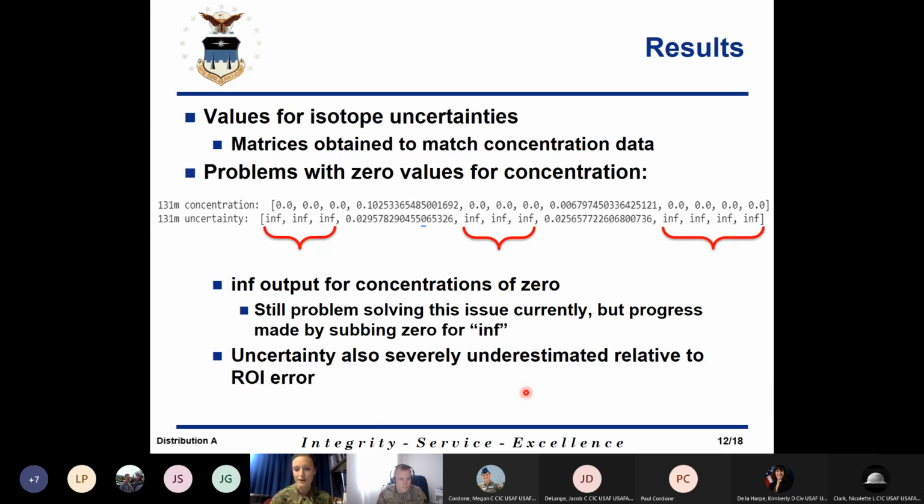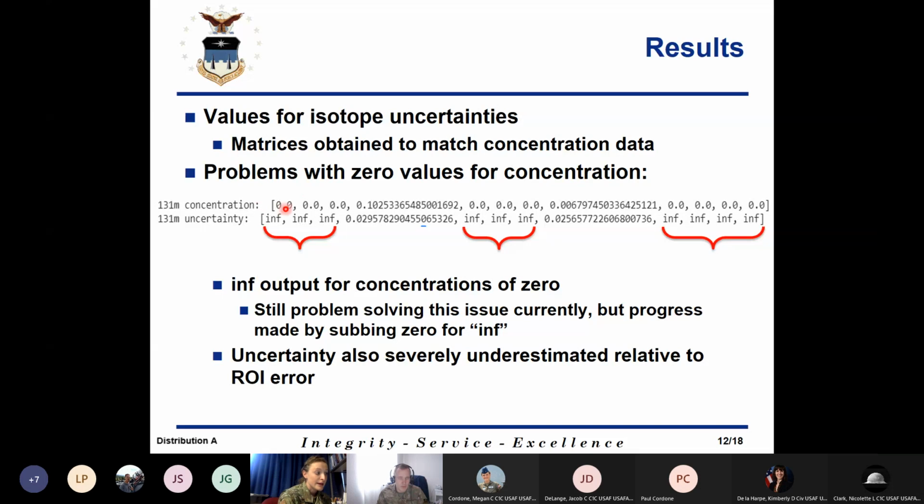So once we got our error bars, it wasn't all smooth sailing from there, unfortunately. We did get a matrix for concentration and then a corresponding matrix for uncertainty, but we still ran into problems where there would be a 0 number for concentration. It ended up giving us an infinity value, which we're still working through, because, as you can see up here, this is just 131 metastable as an example.